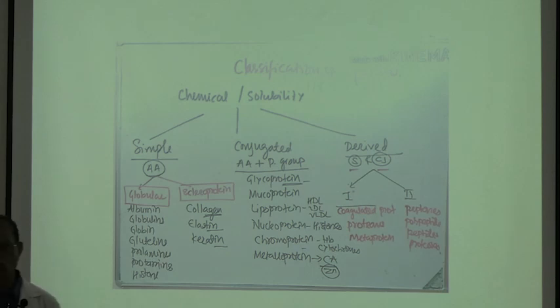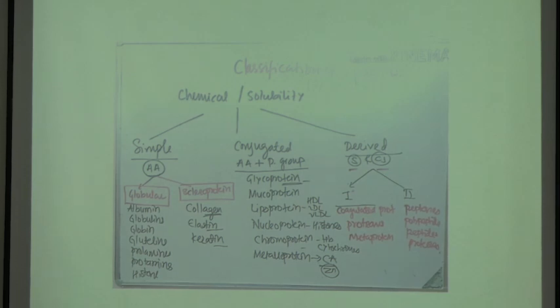Usually they are globular in shape and they are water soluble. Scleroproteins, they are fibrous in nature. Usually they are not soluble in water. Collagen, present in tendons. Then elastin, they are present in elastic tissues. Keratin, they are present in hair and skin.